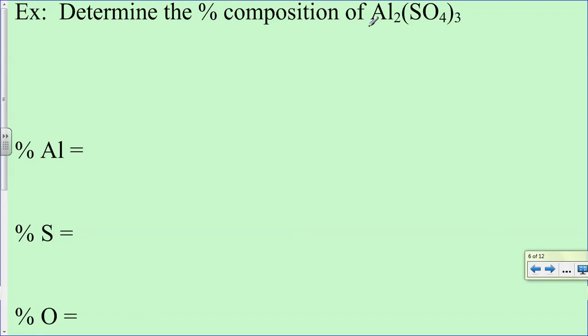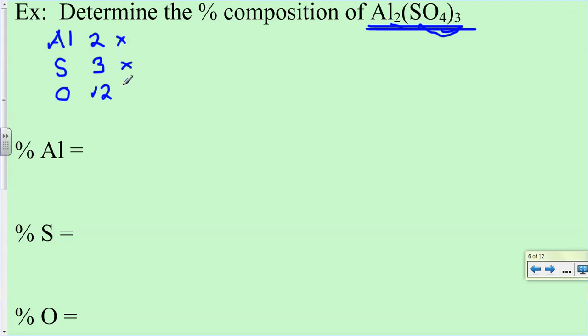Okay, so here we have a compound that has 3 elements in it. And again, we want to determine the molar mass. We write down our elements. We have 2 aluminum, a total of 3 sulfurs, and 3 times 4 gives us 12 oxygen in aluminum sulfate.